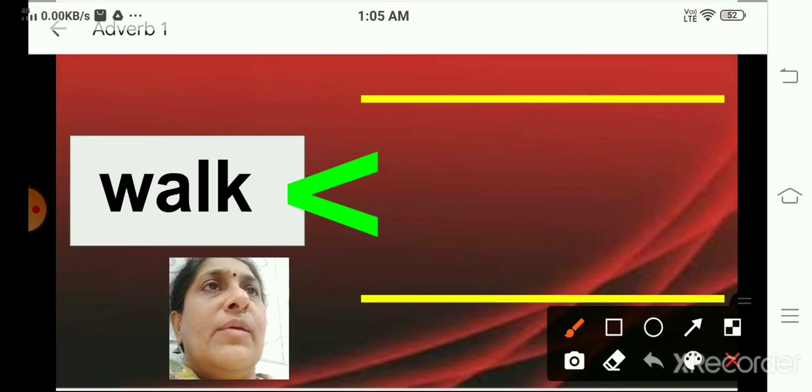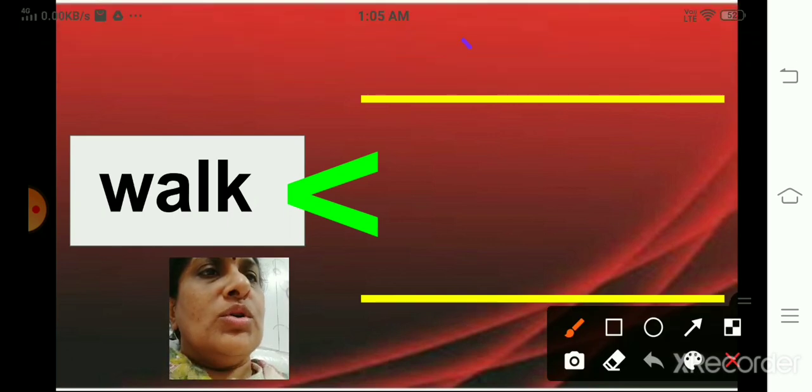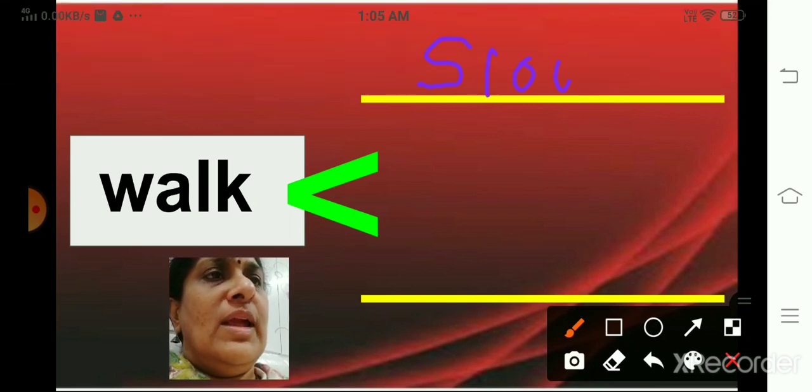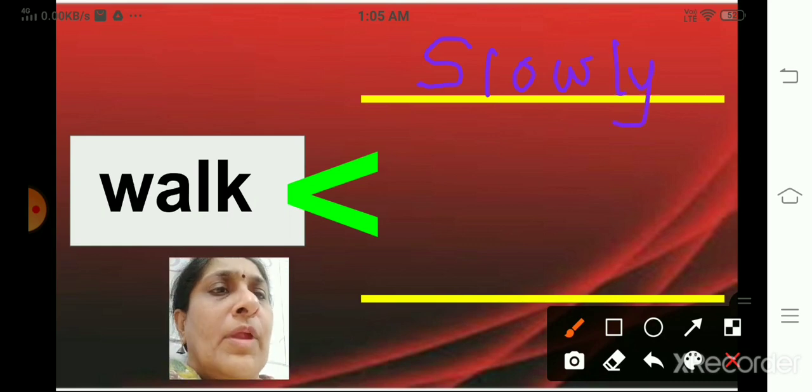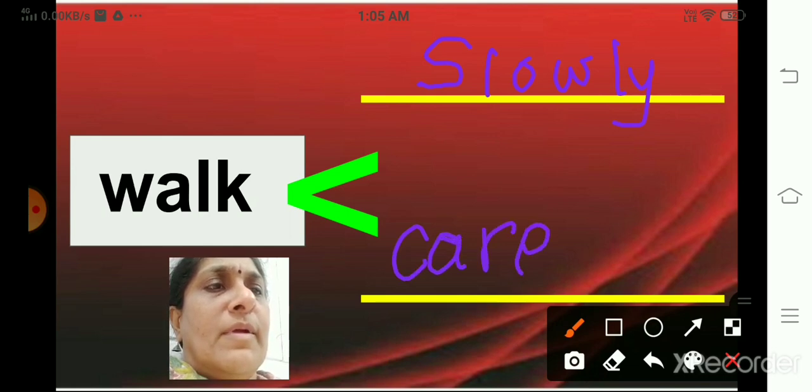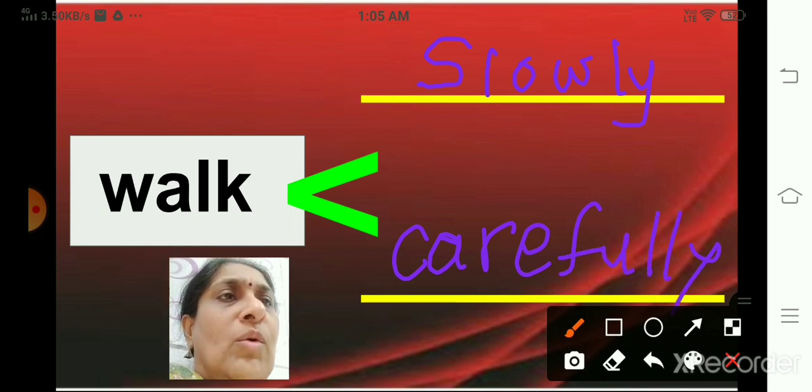We can write walk slowly. Or you can also write walk carefully.